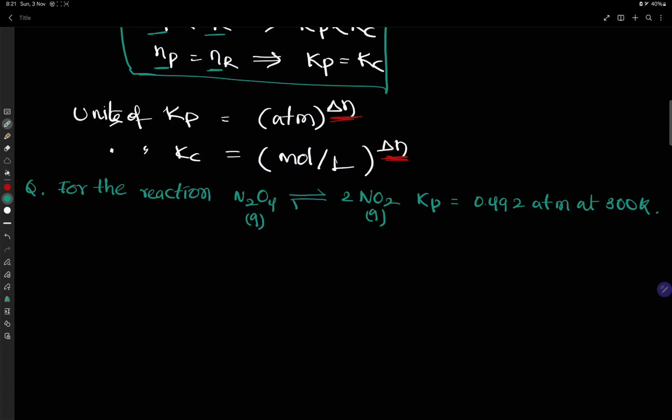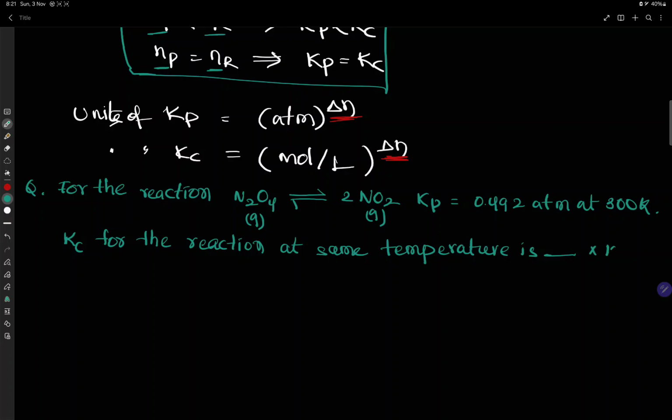Kc for the reaction at the same temperature is dash into 10 power minus 2.